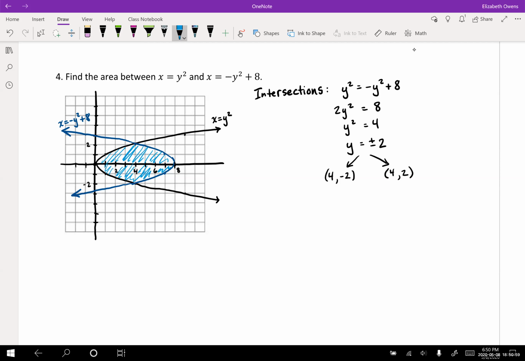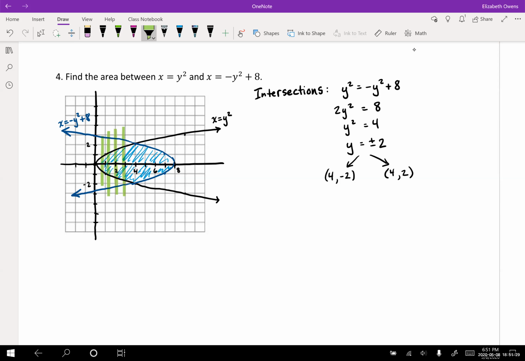Okay. And so when you look at a problem like this, you've got to decide whether you're going to integrate in terms of x or in terms of y, whether you're going to use the vertical rectangles or the horizontal rectangles. And so here, if we were thinking to do this in terms of x, so integrating with respect to x, dx means you're taking tiny little changes along the x direction.